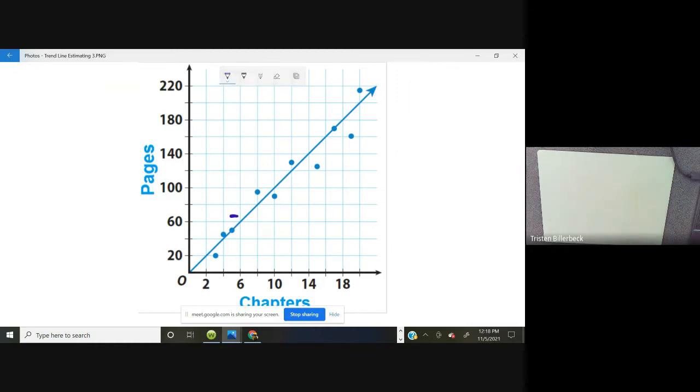We have a point here, roughly here and here. So we can say that this point is at 5, 50. That's 20, 40, 50. This point here is roughly at 17, 170.